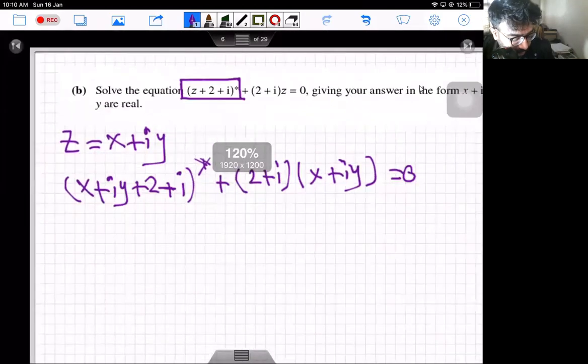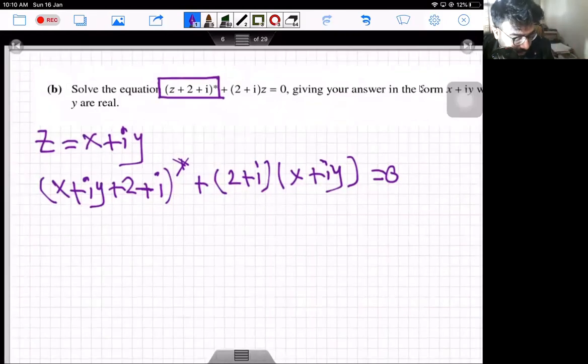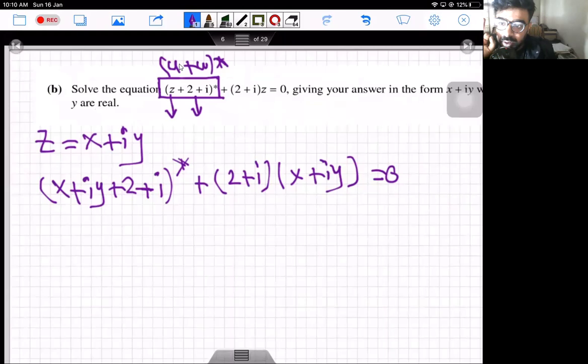So z is a separate complex number, and 2 plus i is a separate complex number. If we take z in place of u and 2 plus i in place of w, this will be exactly the same thing as the conjugate of u plus w.